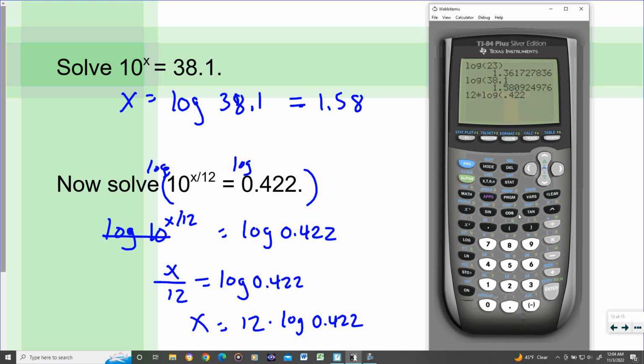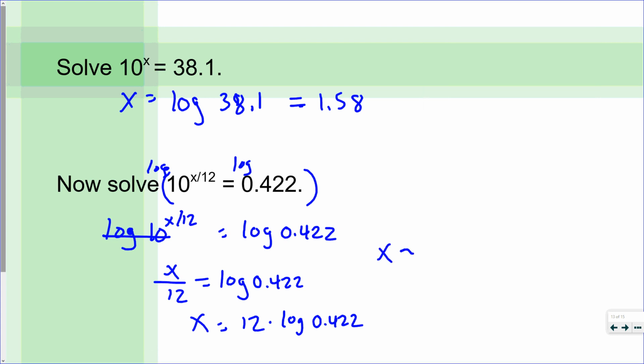Unlike trig problems like sine, cosine, tangent, log does not get affected by degrees or radians. There's no extra settings for it. It's just log. Negative about 4.5. So x equals approximately negative 4.5 in this particular situation. Okay, so that's really how these logarithm problems work.